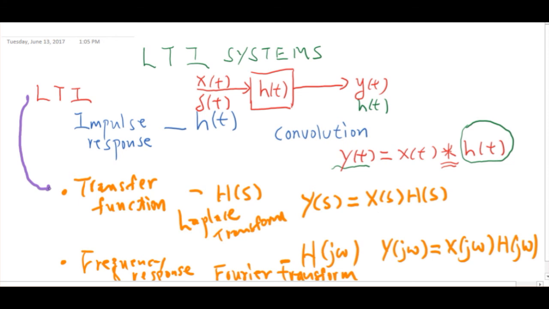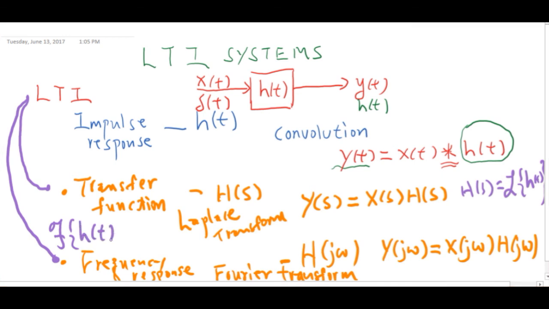The transfer function H of s is simply equal to the Laplace transform of h of t. The frequency response is equal to the Fourier transform of h of t. So these sum up the three major things that we are going to do later in the course.